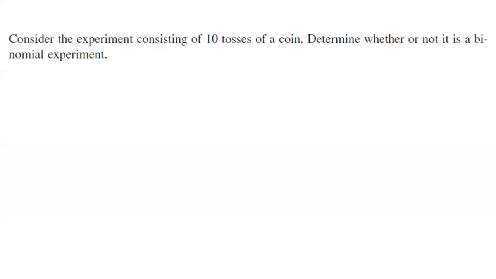Consider the experiment consisting of 10 tosses of a coin. Determine whether or not it is a binomial experiment. Okay, let's see whether this experiment has the 4 conditions we just mentioned previously. First condition, there are a total of 10 trials, right? And they are all identical.